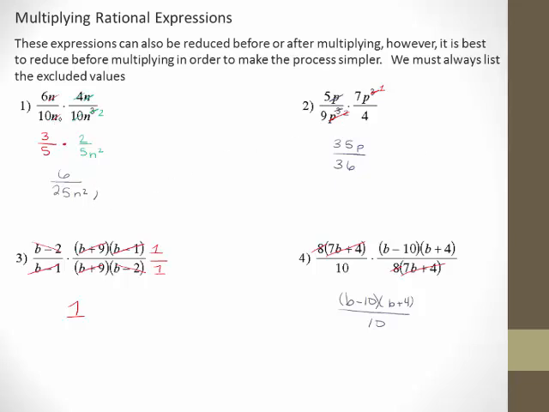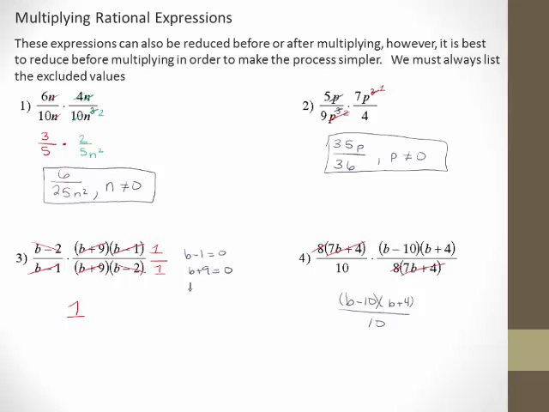If I set each of these equal to 0, what I'll find is that n can't be 0 because that's the value that will make the denominator 0. Here I'll have p cannot be 0 because that's the value that would make that 0. Here, b minus 1, b plus 9, b minus 2.